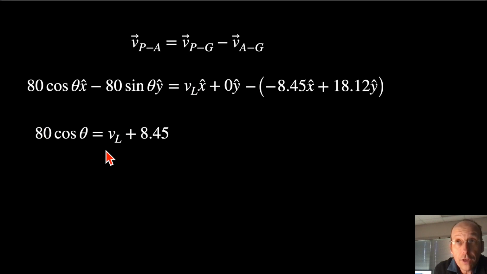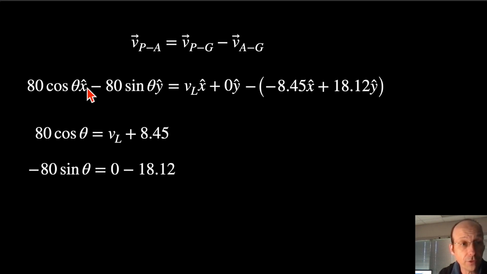Now, I can't solve it because I don't know theta and I don't know VL, but there it is. If I do the same thing for the y, here's my y velocity, negative 80 sine theta, and that has to be equal to this y velocity, which is 0 plus negative 18.12. So there's my second equation. Now that one I can solve, right? The only thing I don't know in there is theta.